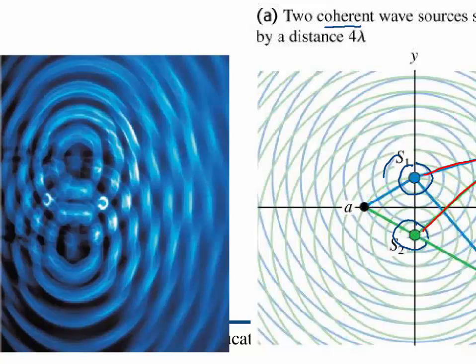Point C is a little bit harder to see. We still have source 1 and source 2 having different path lengths, but now we don't have crests lining up. Point C is actually where a crest is going to meet up with a trough, so we're going to have destructive interference.